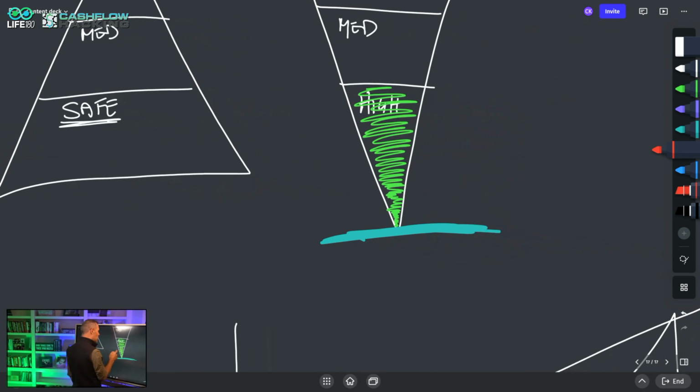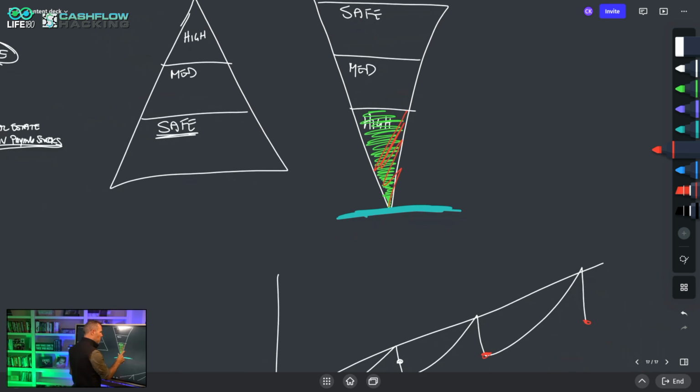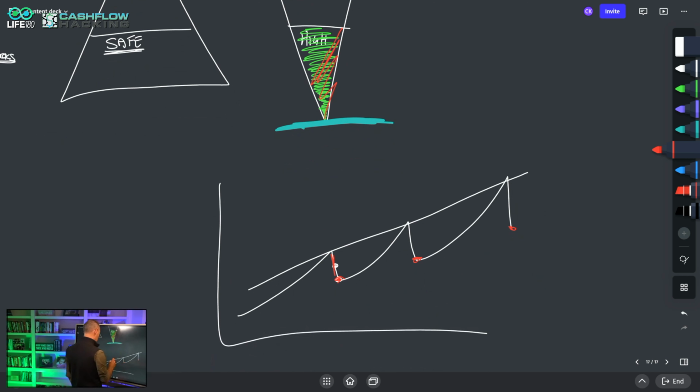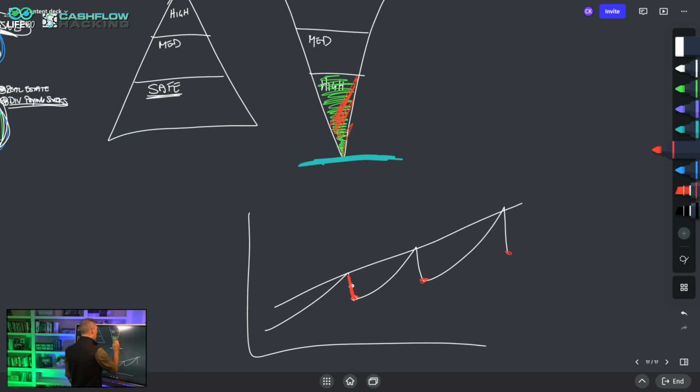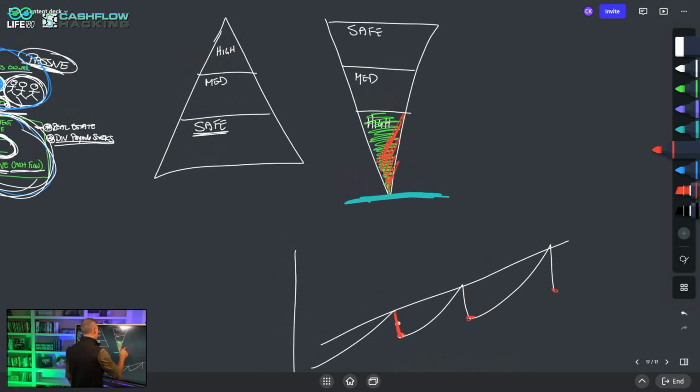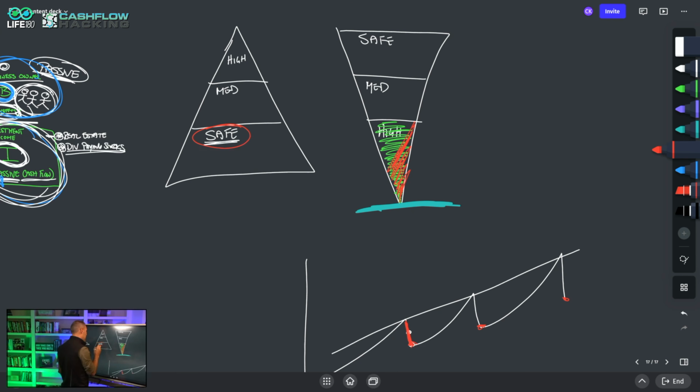So what happens is people have saved all this money in the high risk areas. Then we have a down cycle, one of these times right here where the market goes bad. And because you haven't saved enough, you don't have any safe money.